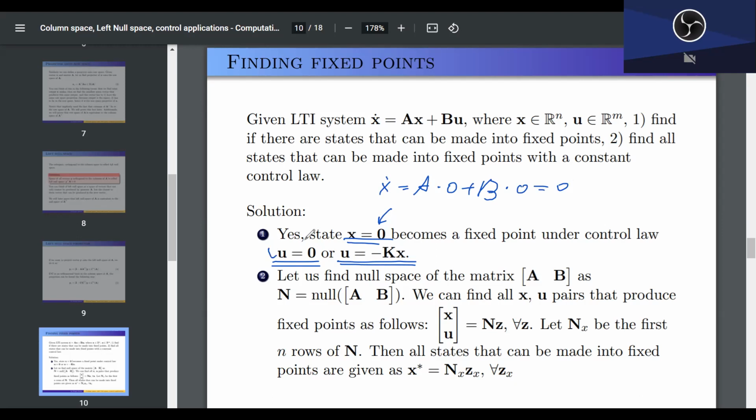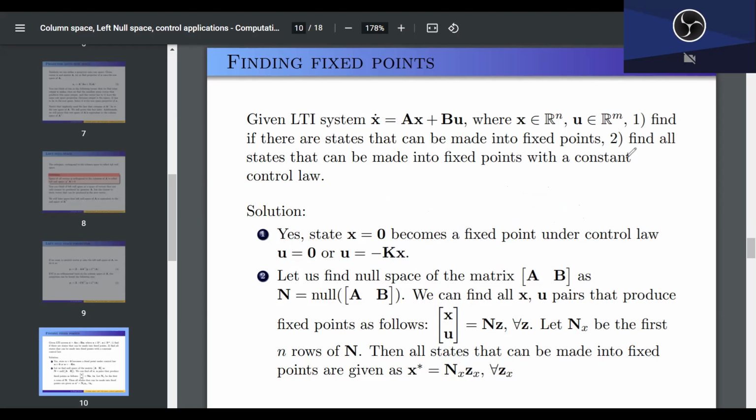Check. Now we'll check this one: x dot equals A times 0 plus B times minus K times x. x is 0, times 0, this is 0. This is 0 equal to 0. Check. So indeed, a trivial fixed point exists. Trivial because x is 0. All right, so indeed, at least one exists.